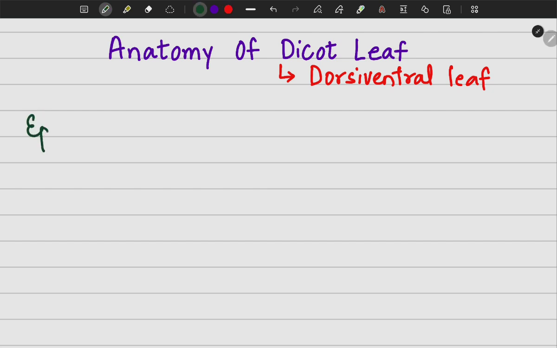The first is the epidermis, which is present both at the upper and the lower surface of the leaf. Then we will find mesophyll cells and vascular bundles.